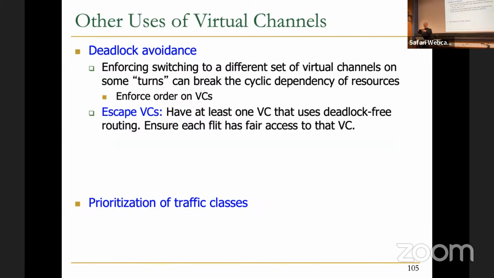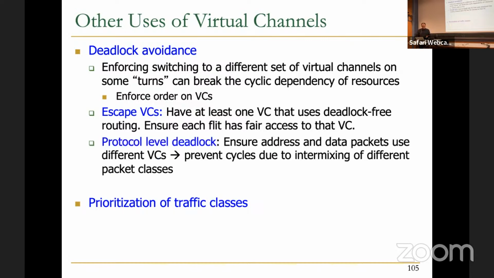So you put your packet onto those escape VCs, and it will be routed to the destination with deterministic routing. Duato is also one of the founders of this field, I would say. That's one of the algorithms he proposed for providing adaptive routing without a lot of cost.